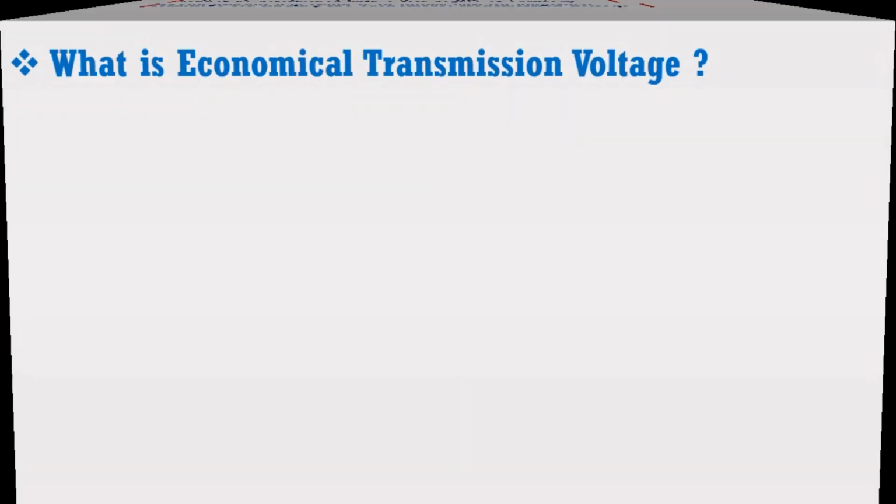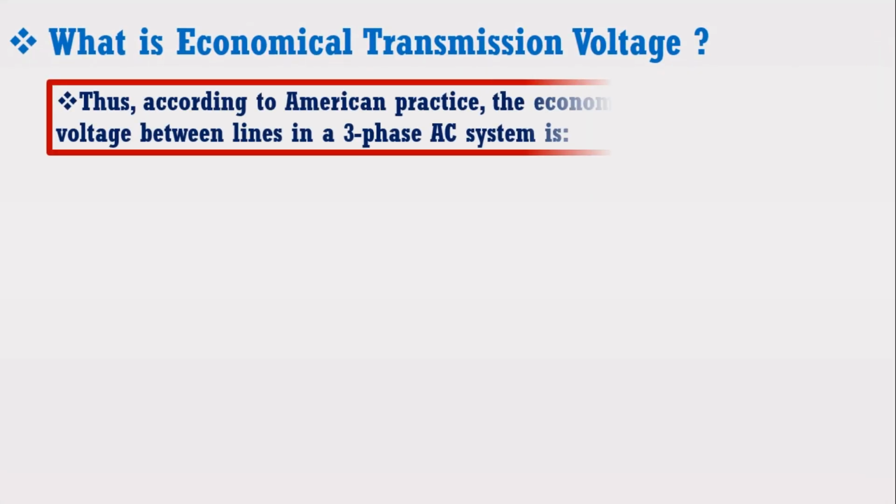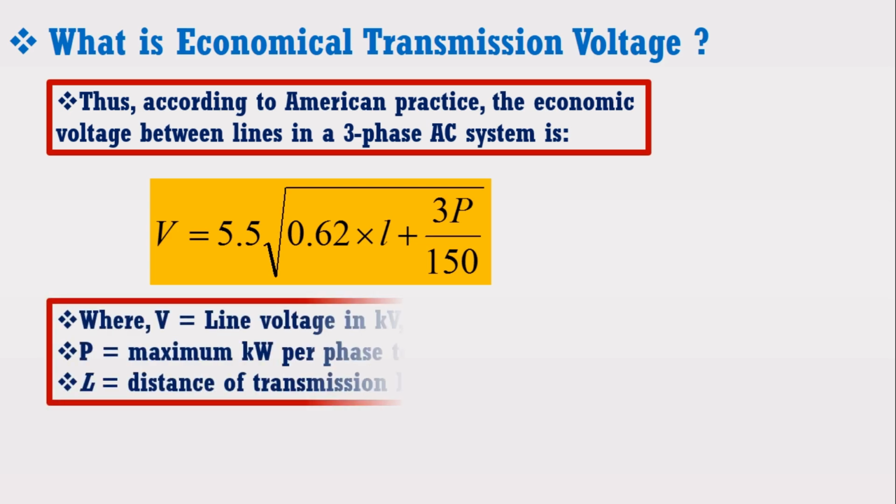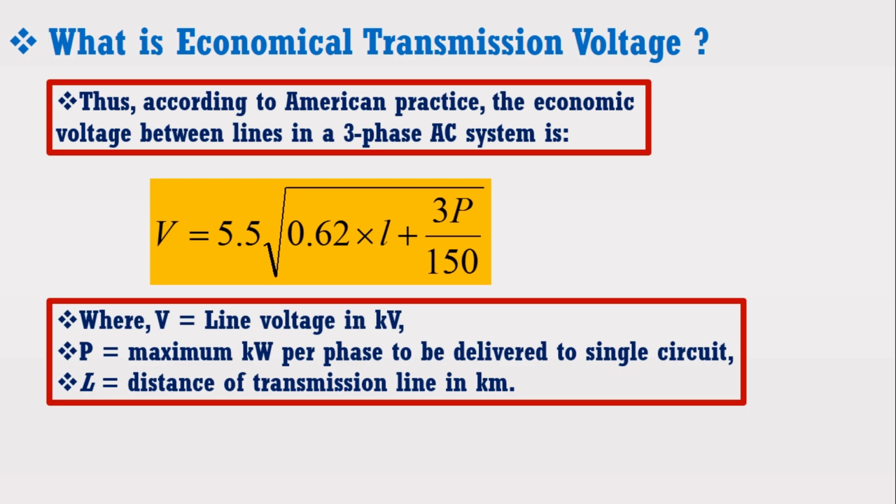According to American practice, the economical voltage between lines in a three-phase AC system is given by V = 5.5 × √(0.62 L + 3P/150), where V is the line voltage in kV, P is the maximum kilowatt per phase to be delivered to a single circuit, and L is the distance of the transmission line in kilometers.